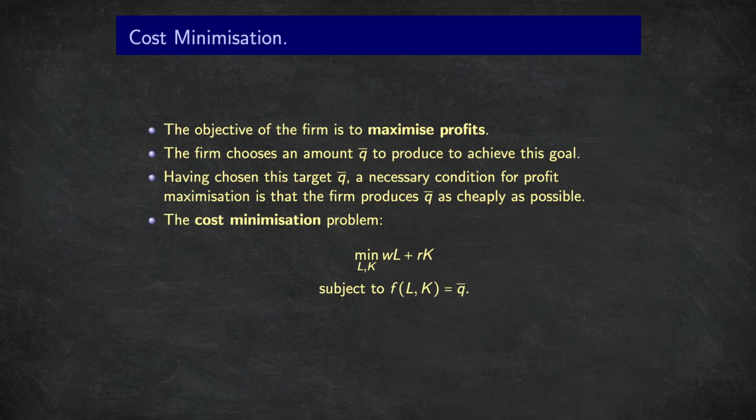Another way of describing it graphically could be the following: the target level of output is associated with a particular isoquant. So I could phrase the cost minimization problem as: subject to being on that particular isoquant, I want to choose the factor combination on the lowest isocost possible.